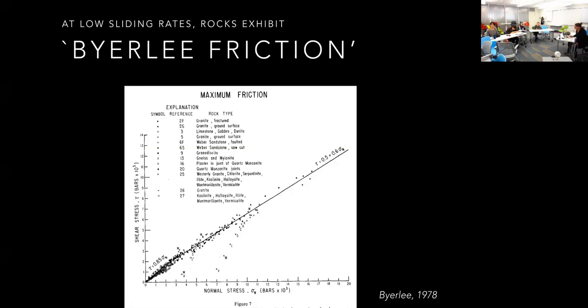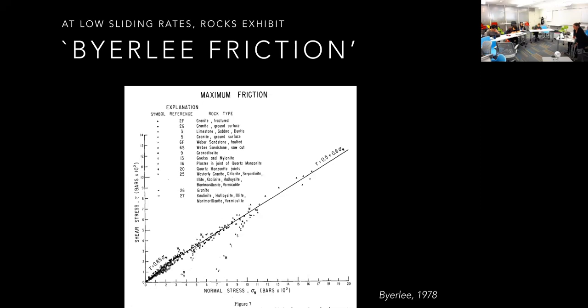So we have granite, fractured, ground surface, limestone, gabbro, dunite, sandstone, faulted, saw cut, granodiorite, gneiss, mylonite, plaster in a joint in quartz monzonite, quartz monzonite with joints, Westerly granite, chlorite, serpentinite, illite, kaolinite. Okay, whatever, you can read it.